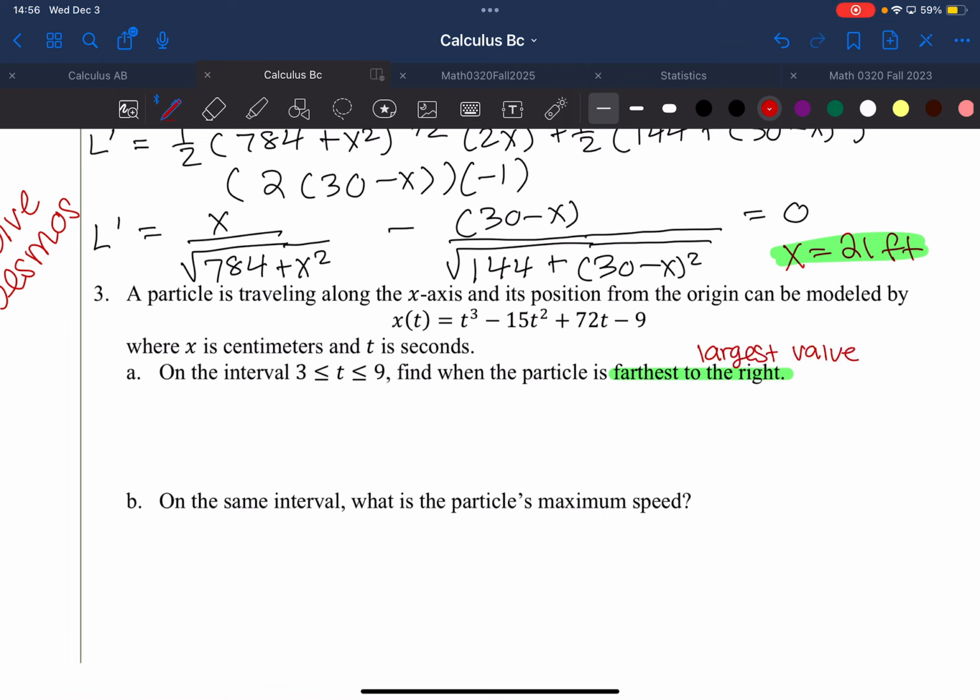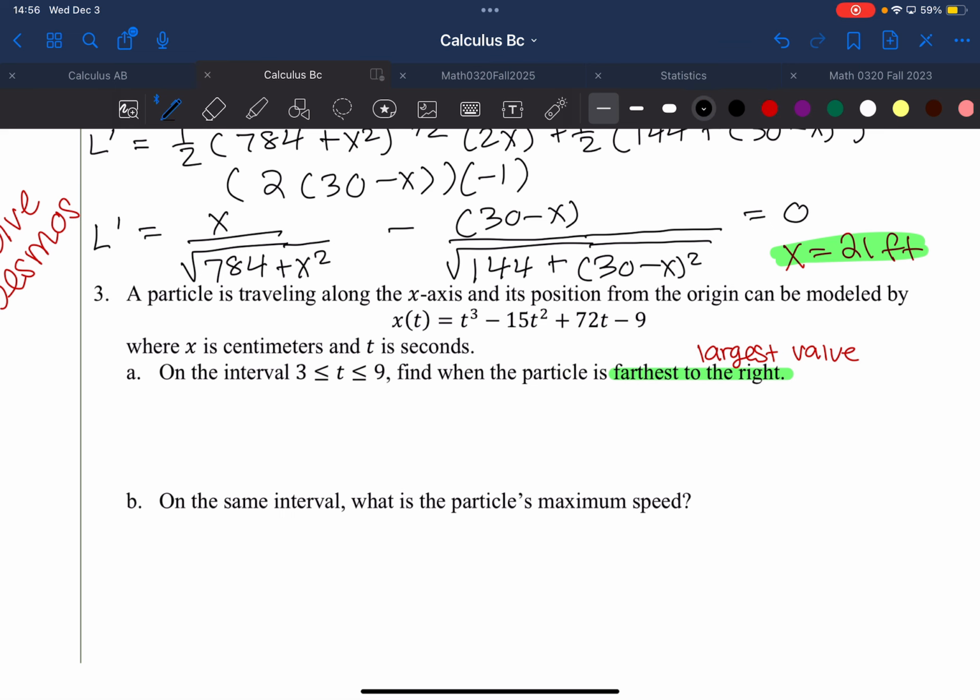Okay. So in order to decide this, we have to find those critical points. In order to find the critical points, we have to take the derivative. And when we take the derivative of the position function, what are we really finding? Velocity.